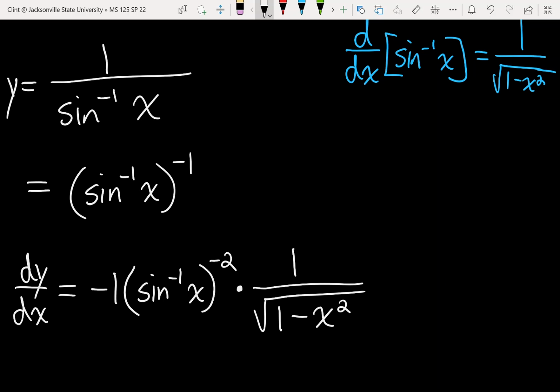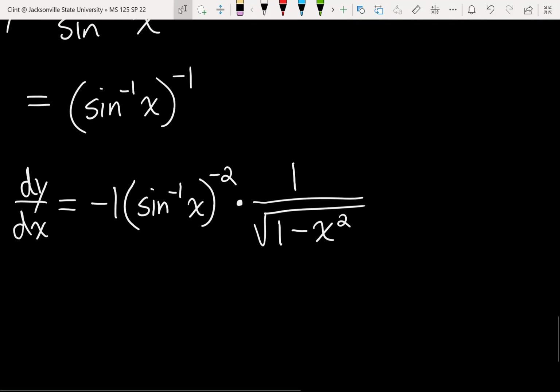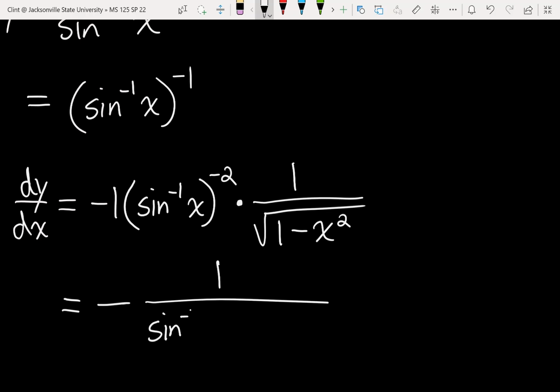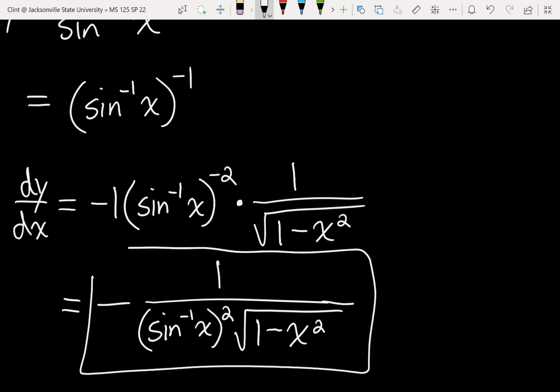Then that's our derivative, but then we need to clean it up a little bit maybe. So we could put a minus sign out in front of the whole thing. We'll have a 1 on the top, and on the bottom we'll have sine inverse squared, which makes it positive when we move it to the bottom, and then square root of 1 minus x squared. So it's not pretty, but that's what we end up with.